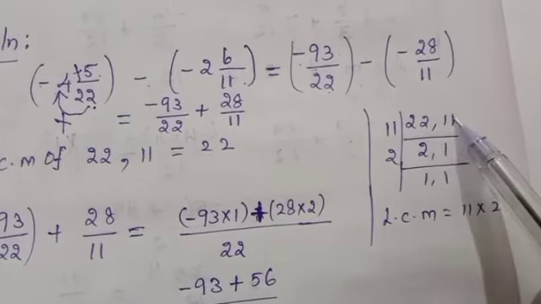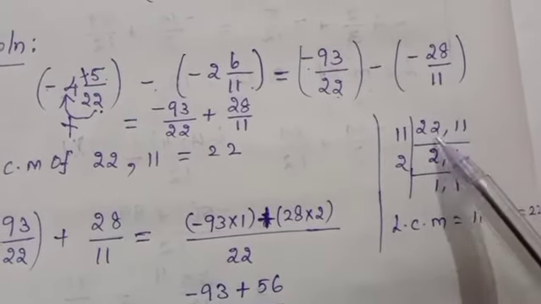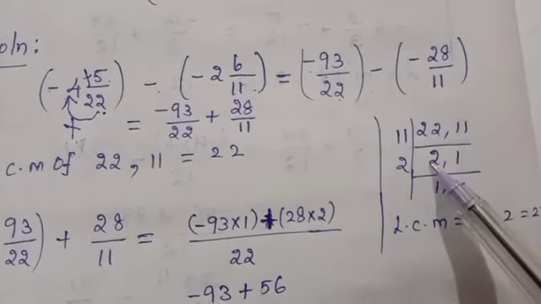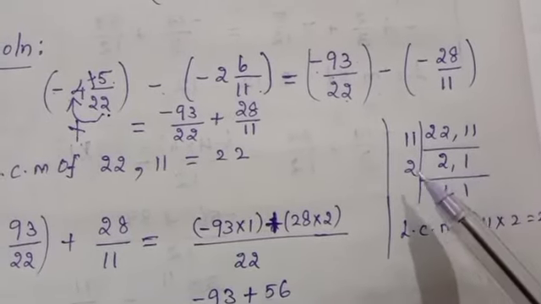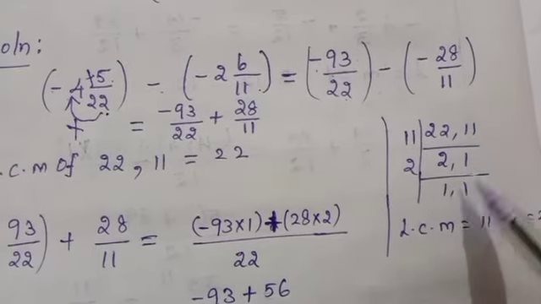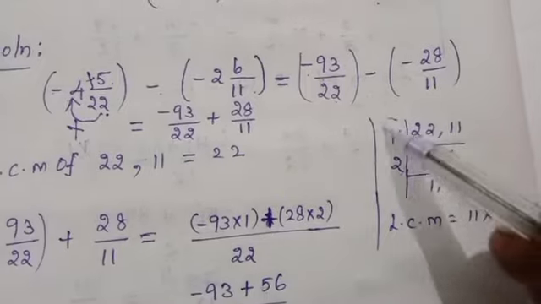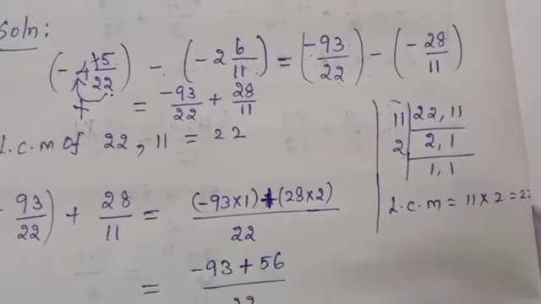Divide by 11, the 11th table is possible. 2 11s are 22, 1 11 is 11. Next 2 comma 1 is there. For this 2 you select the 2 table, 1 2 is 2, 1. So for the LCM you multiply these two: 11 into 2, 11 2s are 22.